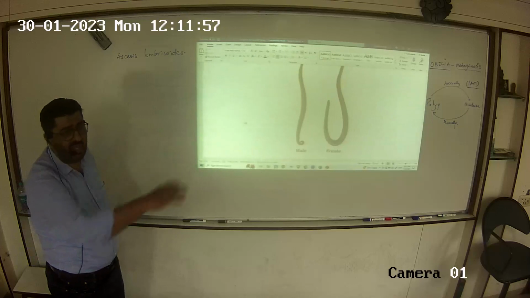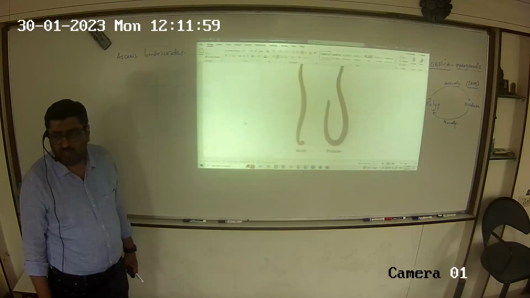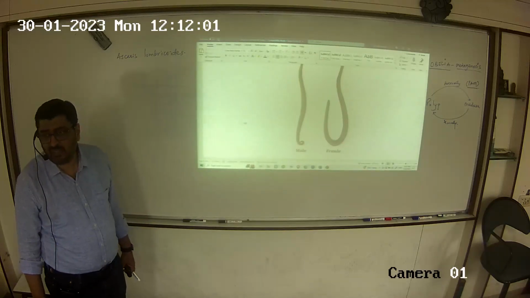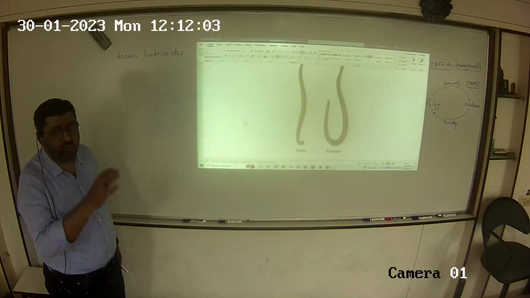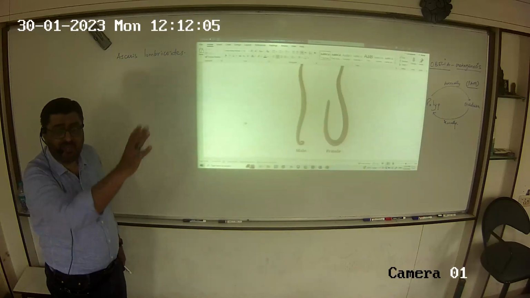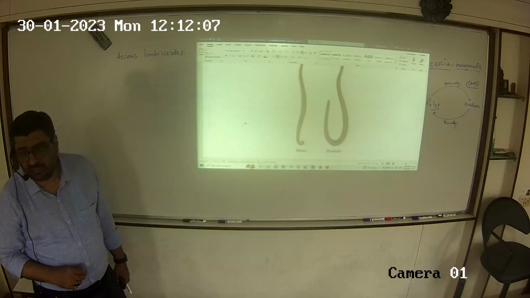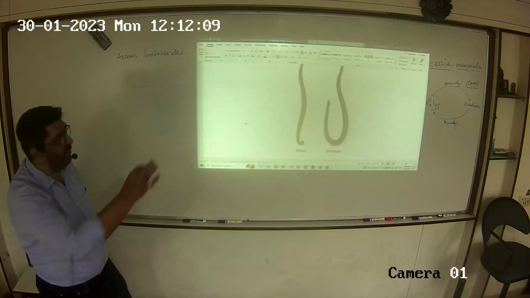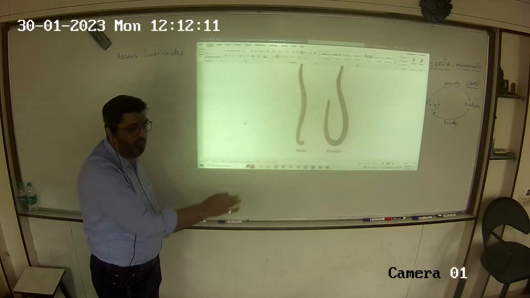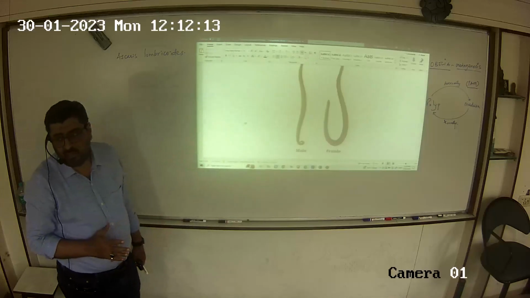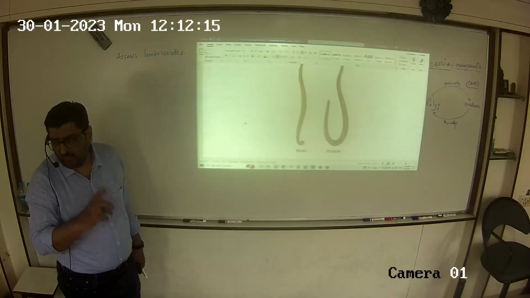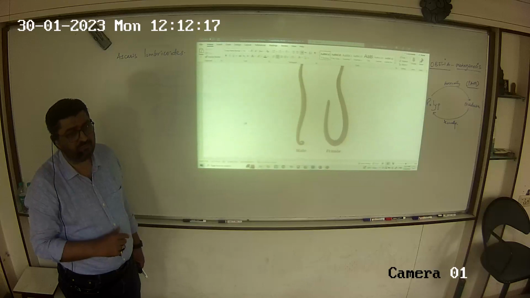Now, since they have given the image of a male and female Ascaris, they will ask you to highlight some of the differences between the male and female Ascaris. One very apparent thing is that female is longer, the male is shorter, and the female is longer.